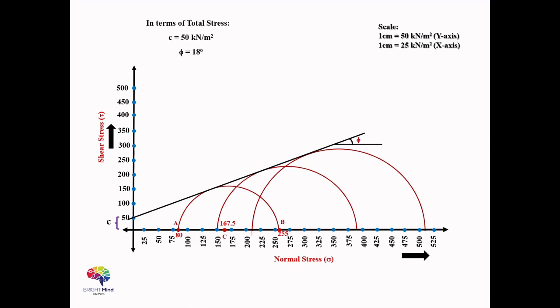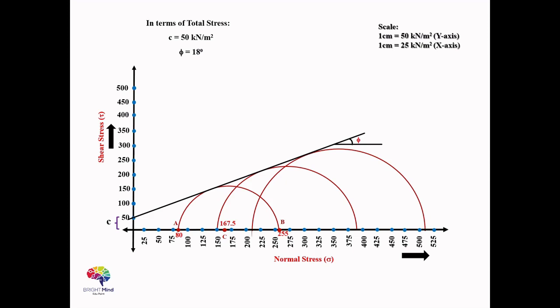So for the case of the total stress, the intercept, that is the cohesion, comes out as 50 kN per meter square, and the slope angle, that is the angle of internal friction, comes out as 18 degrees.